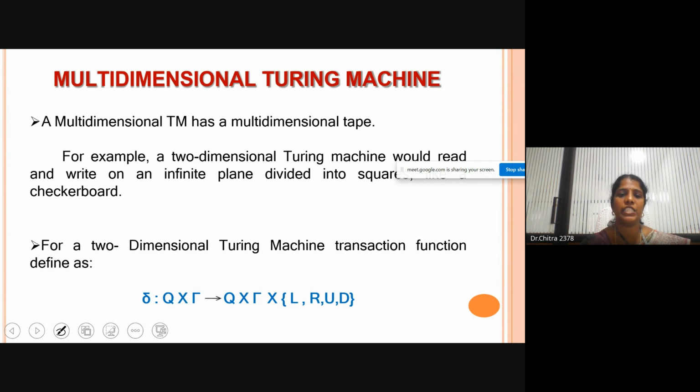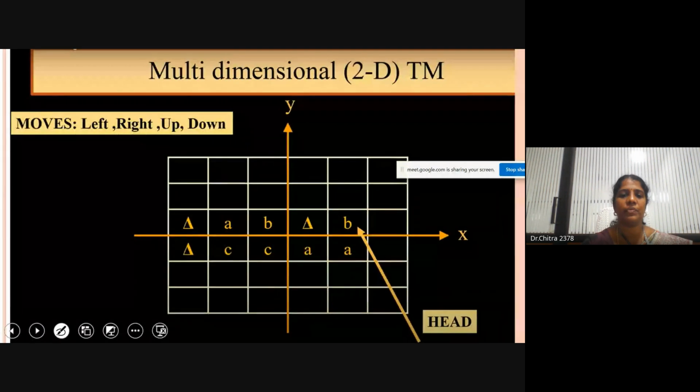But in the multi-dimensional Turing machine, only one tape is there, that is divided into multi-tracks and multi-dimensions. The only difference is the head may move left, right, up, or down. Four directions are there for the multi-dimensional. The head movement may be either up, down, right, or left based on the given position.